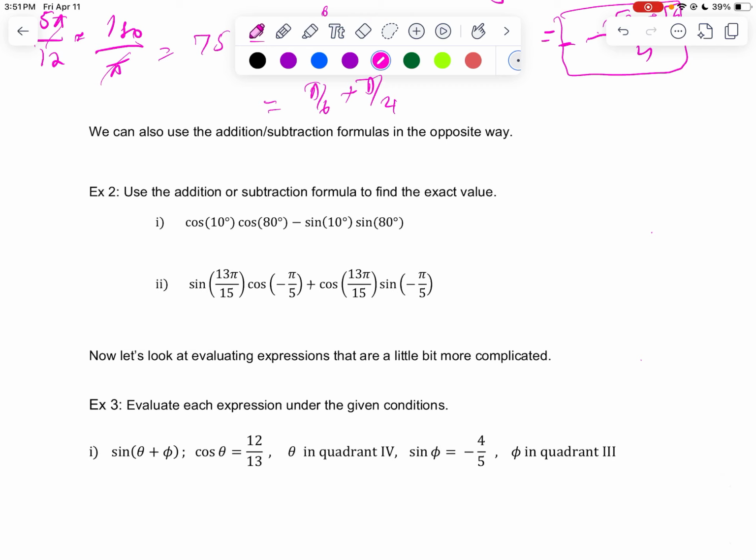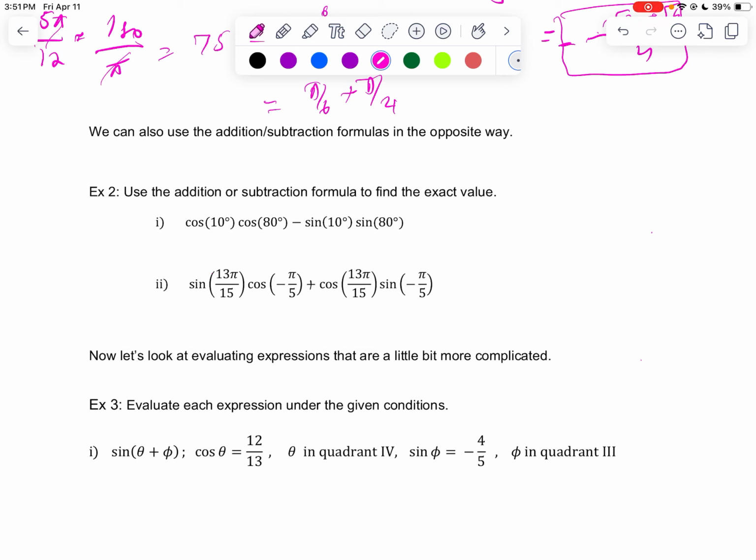For example, we have cosine of 10 degrees times cosine of 80 degrees. Now, we don't know what cosine of 10 degrees and cosine of 80 degrees are, because we didn't put them on the unit circle. And then we have minus sine of 10 degrees and sine of 80 degrees.